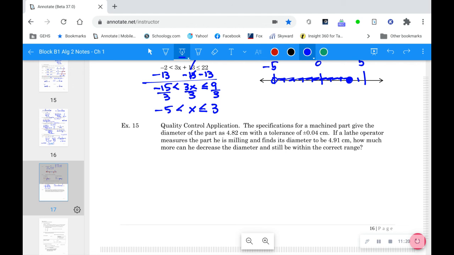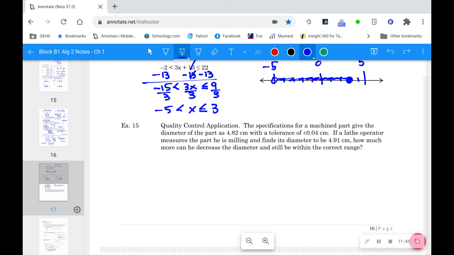So you could go a tiny bit higher or a tiny bit lower. Now, the lathe operator got it down to 4.91, which is bigger than the ideal, and is still out of tolerance. In other words, it has to be closer than that to be right.